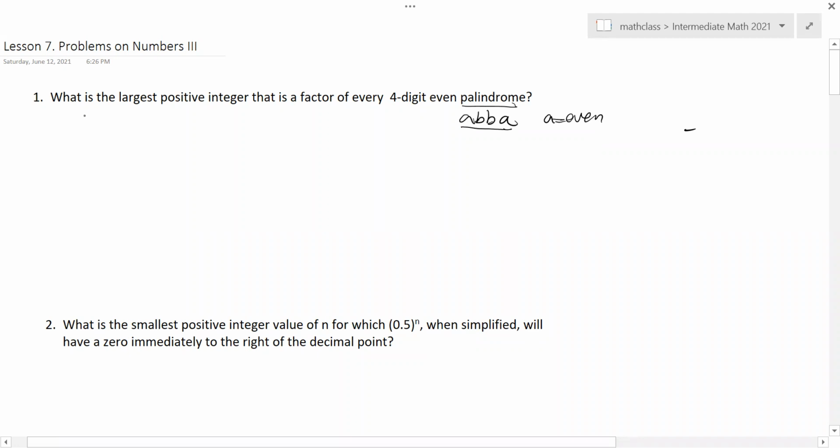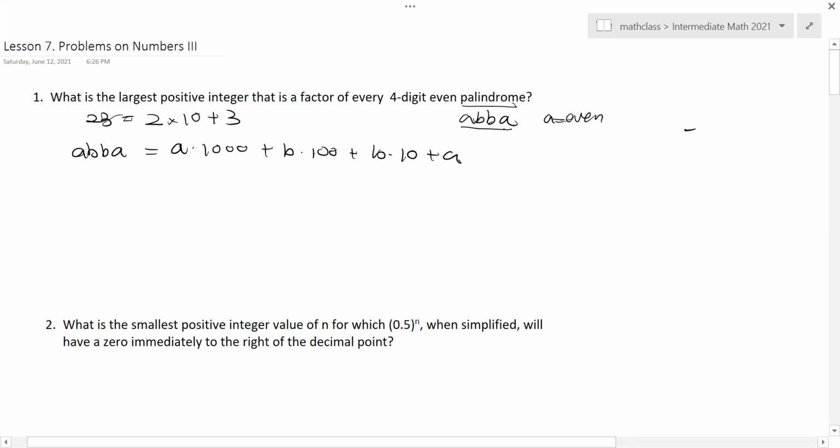Okay, we know that 23 is going to be 2 times 10 plus 3, right? So ABBA can be written as A times 1,000, B times 100, B times 10, and A.